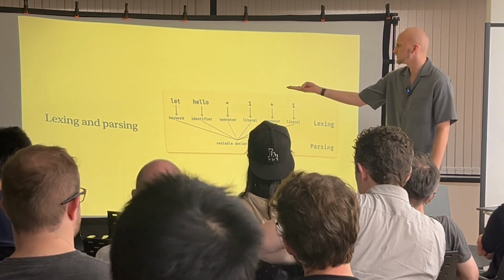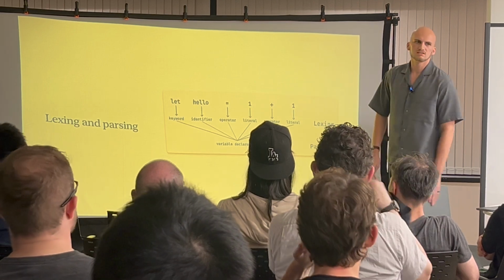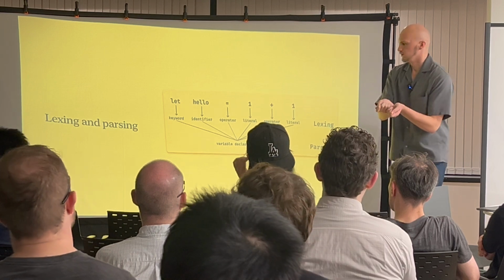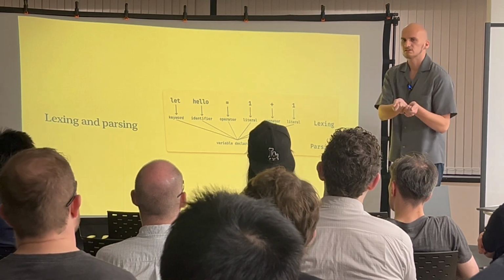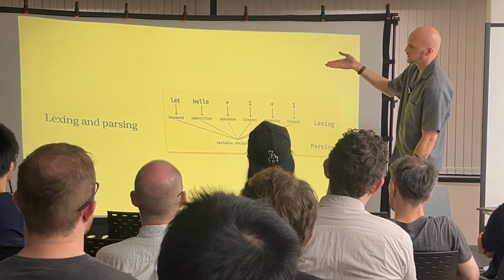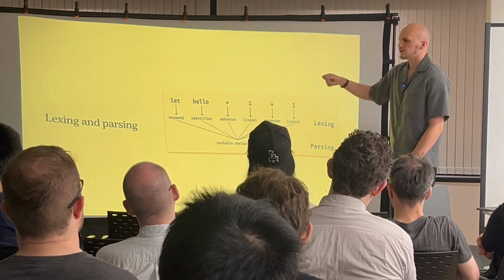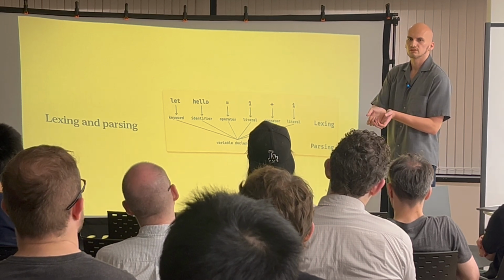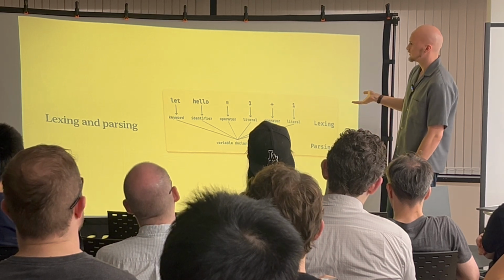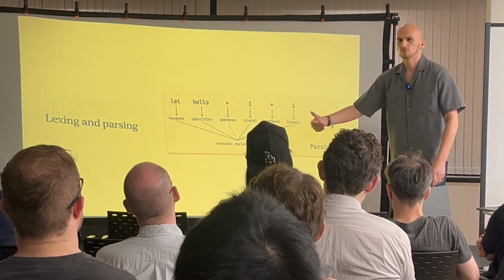Here, if I have my really basic string, let hello equal 1 plus 1, I'm going to take my raw input and put an abstraction above it, which is what we call tokenization, and say my let is a keyword, then the hello identifier, etc. Rather than having a raw string to work with, we have a useful abstraction over it, and then with the parsing, we define what we actually want to work with in the end.